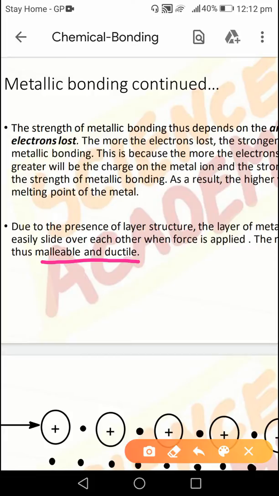And ductile you can remember as কান টেনে লম্বা করে দিব, okay, in Bangla. The actual fact is that when a metal is pulled, when tension force is applied, it can be drawn into wires, or converted to very thin wires.